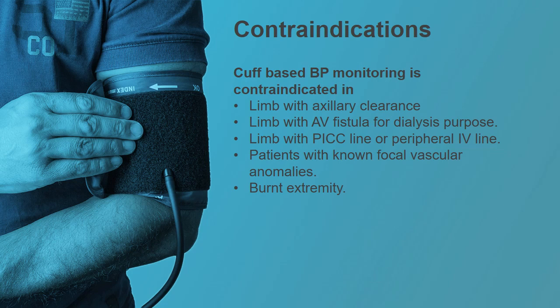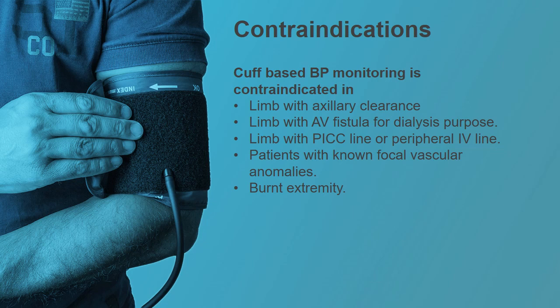Also, patients with end-stage renal disease who are on renal replacement therapy or hemodialysis usually have an arteriovenous fistula on the arm, and on that arm we cannot measure the blood pressure via the non-invasive technique because you are going to ruin the AV fistula.